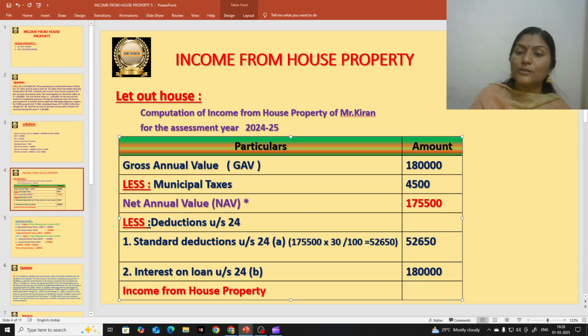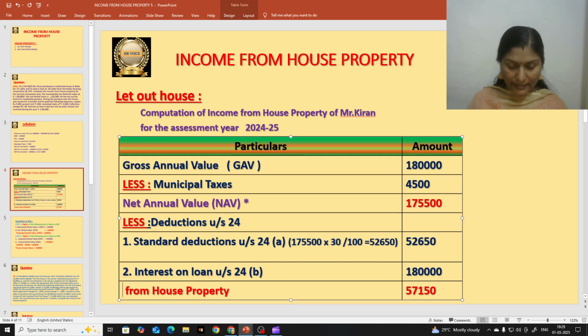Whenever that is more, we will get loss, we don't get income. So let us deduct: 2,32,650 minus 1,75,500, we will get 57,150, students. Is it income? No, it is loss.